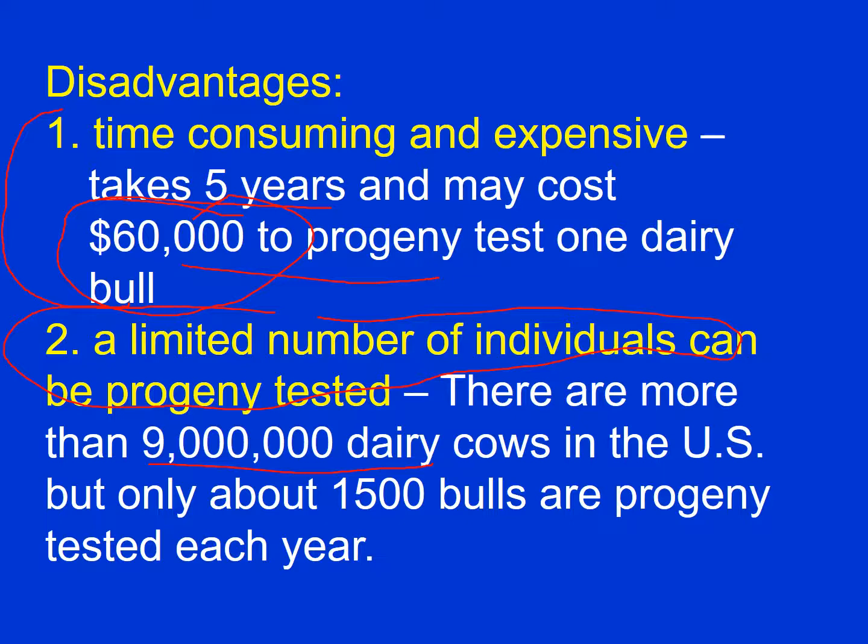But we can only really afford to progeny test about 1,500 of those. So you have to choose those bulls very carefully. Usually we select those bulls based on their pedigree index, so bulls are initially selected on pedigree and then progeny tested. It's a two-stage selection process if we're going to do progeny testing.